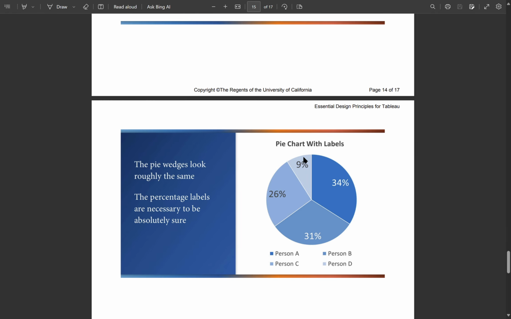Therefore, even though a pie chart is easier to make and looks better than a bar graph, the slices look almost similar if we lack the percentage sign, and it requires a little bit more processing power to understand this graph.